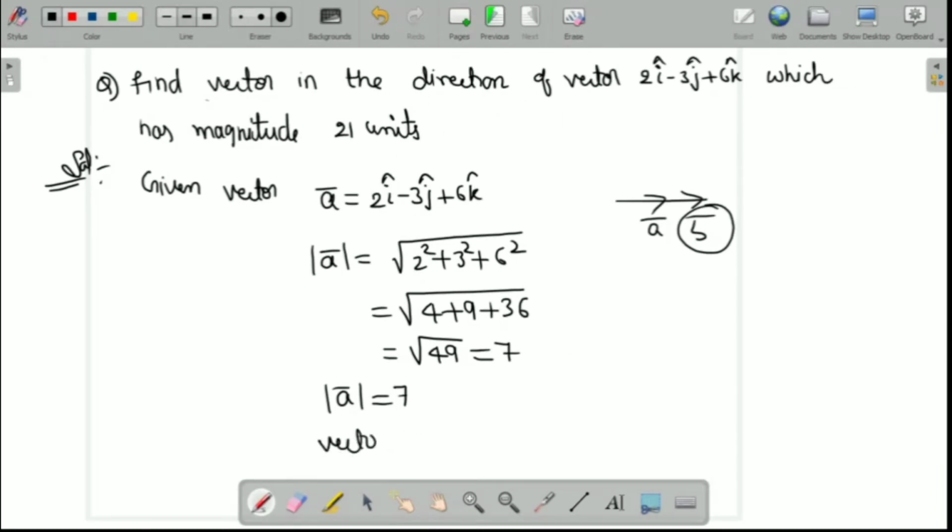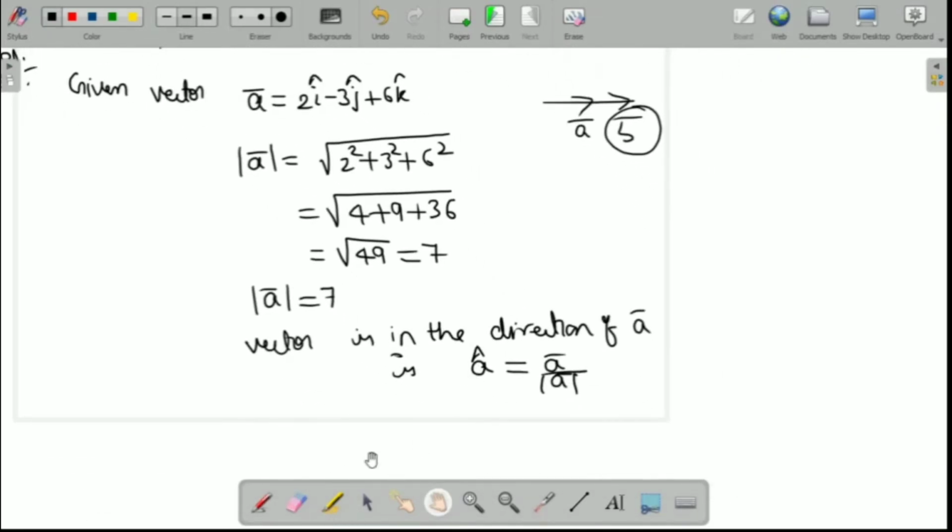A unit vector in the direction of a bar is a by a modulus. Here a is 2i minus 3j plus 6k, divided by the magnitude of a bar, which is 7.